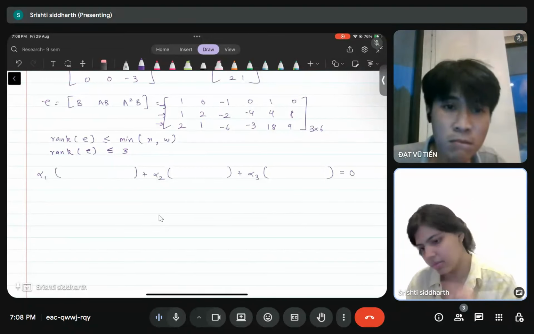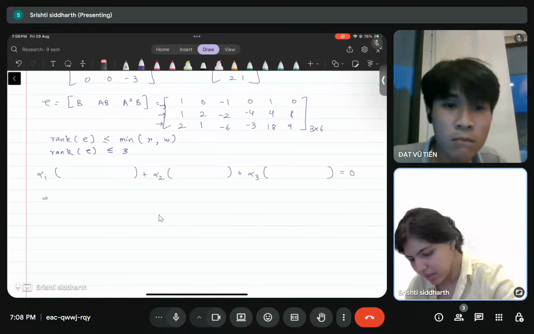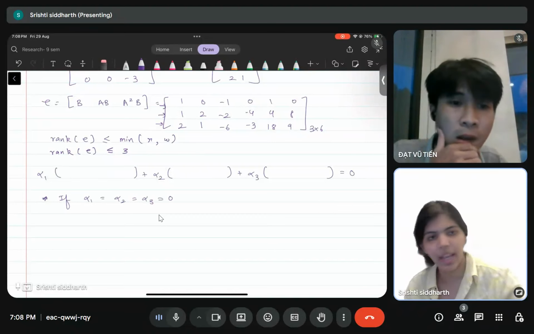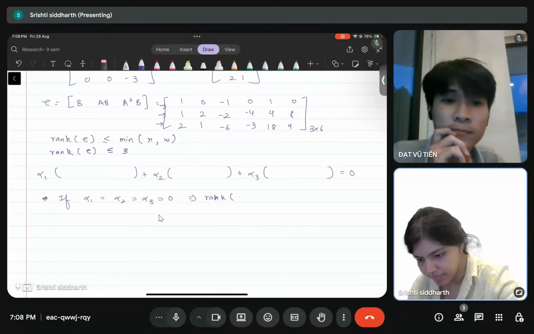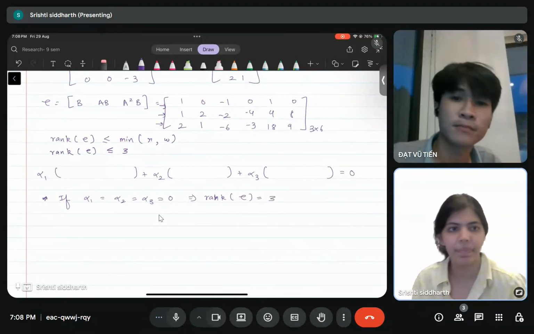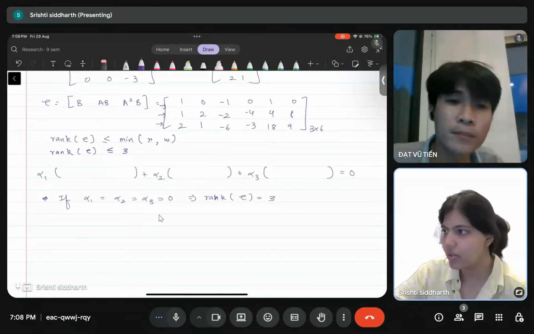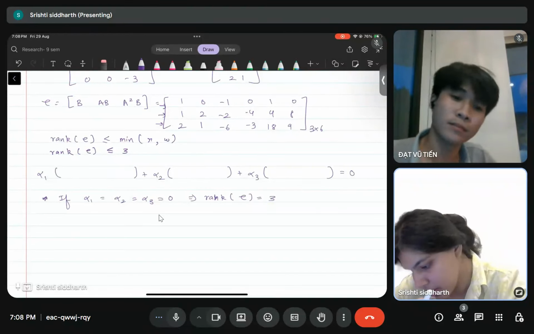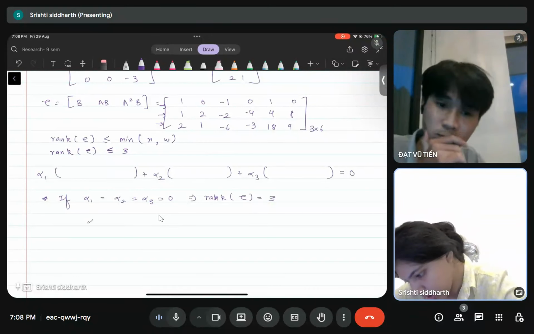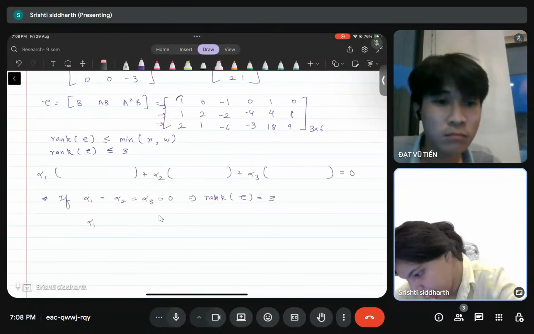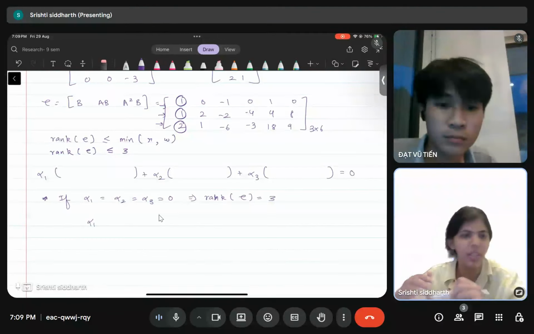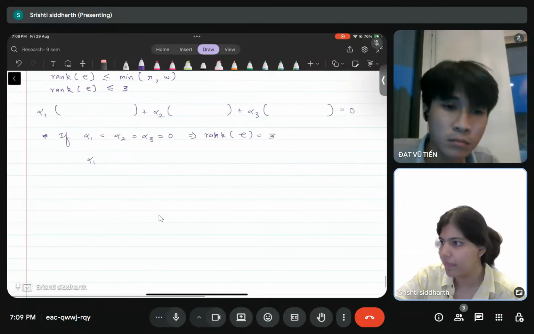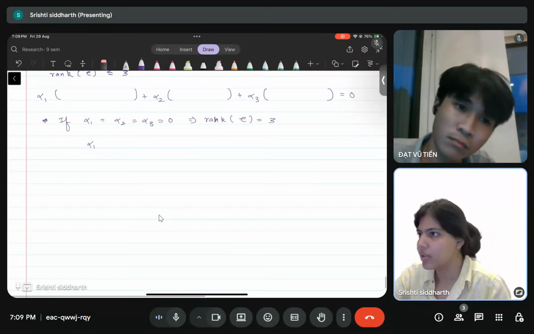We equate it to 0, and if we get alpha 1 equals alpha 2 equals alpha 3 equals 0 all simultaneously, then this means that C has full rank. So you can compute this. This would result in, I think, alpha 1 plus alpha 2 plus alpha 3 equals 0. And then you can select any of these equations to find out alpha 1 and alpha 2.